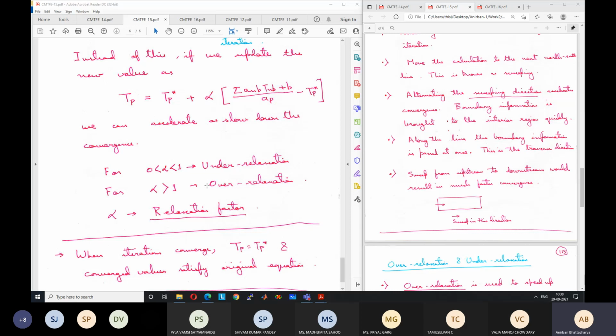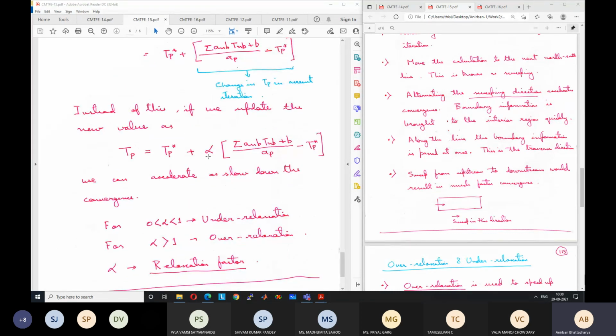Although we can take alpha arbitrarily, it does not hamper the correct solution. You might be concerned that we are arbitrarily changing the equation, so how will we know that the solution will be correct? When do we consider a solution to be correct? When the value is not changing much at all.